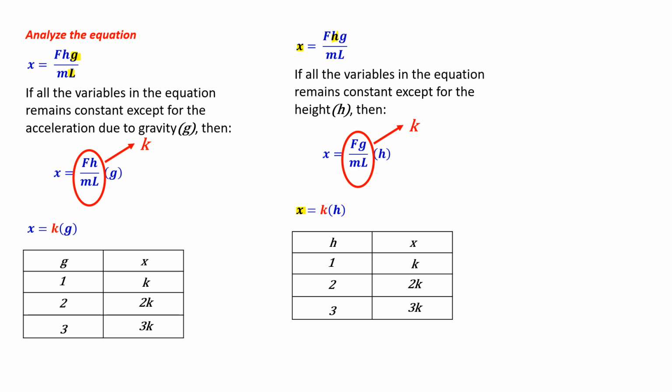So again, let me just repeat the statement. In the next analysis of the equation, assuming that everything on the right side of the equation is kept constant except for h, when the object is released, since the height is part of the numerator, the greater the height, the farther the horizontal displacement x is.